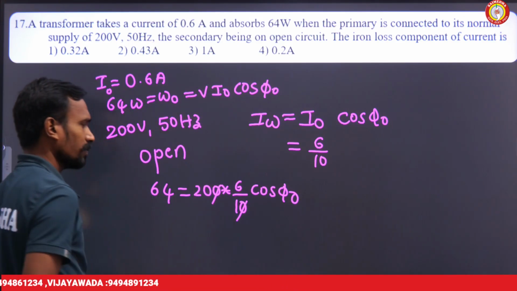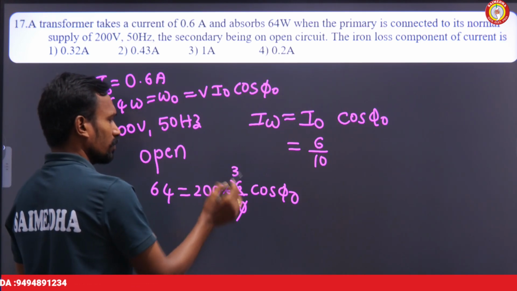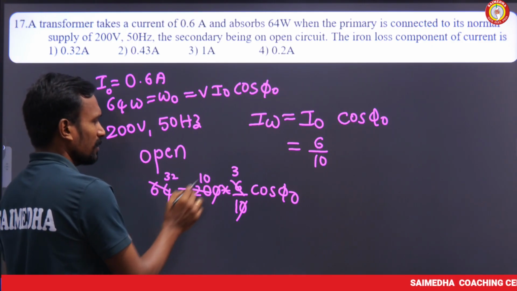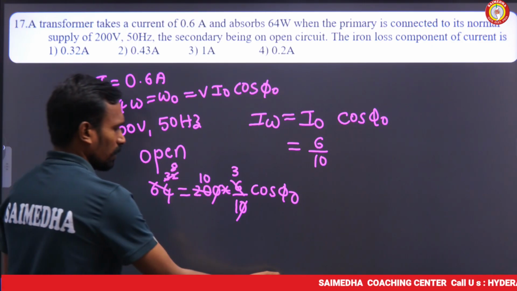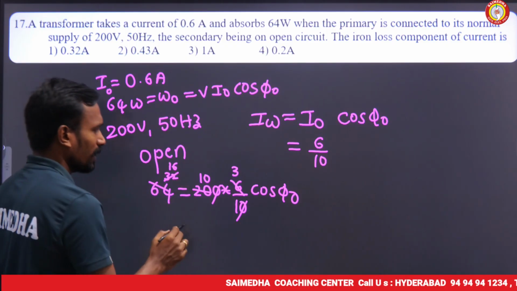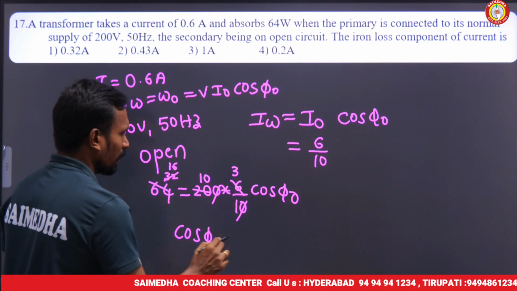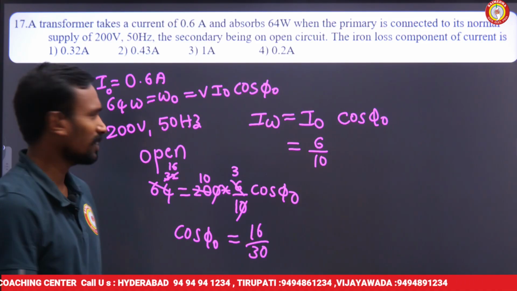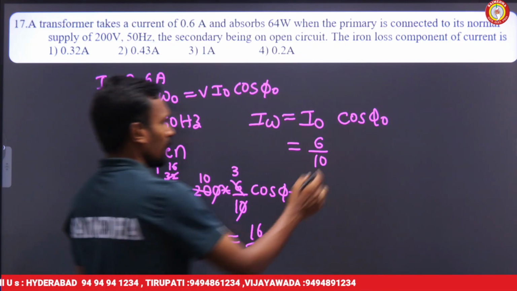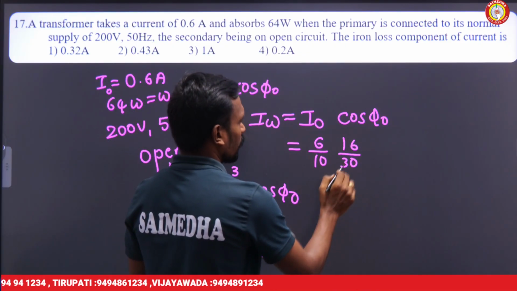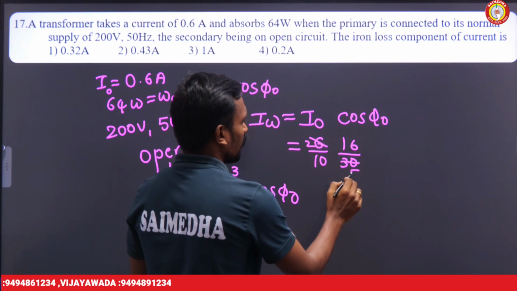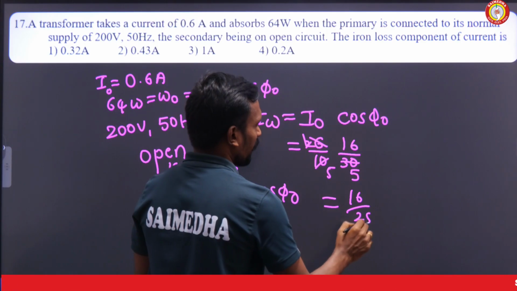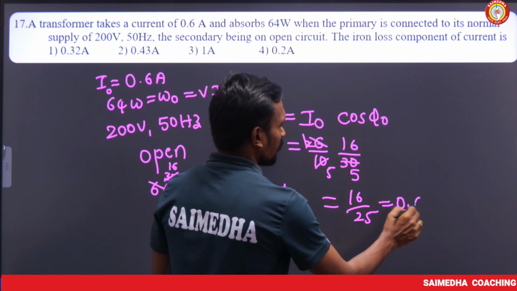So 0, 0 cancel. 2 3s are 6, 2 8s are, sorry, 2 16s are 32. So what is cos phi naught? Cos phi naught is equal to 16 by 30. Yes or no? This is 16, this is 30. 3 2s are 6, 3 5s are 15, so 16 by 25. So we just calculated this value, 0.64 I think.